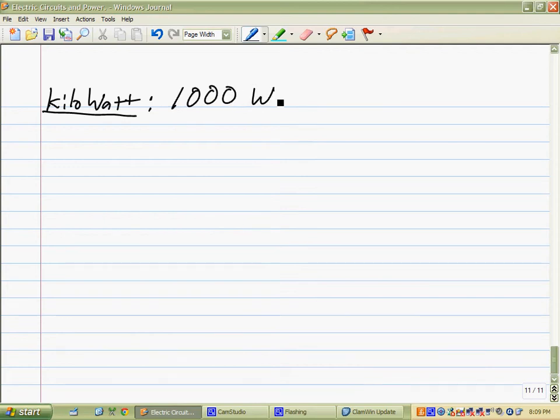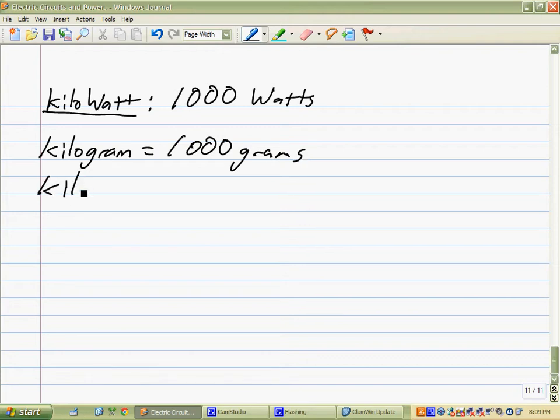Remember we talked about milliamps and amps? Well, one amp is 1,000 milliamps, and here a kilowatt is 1,000 watts, just like a kilogram is equal to 1,000 grams, and a kilometer equals 1,000 meters.